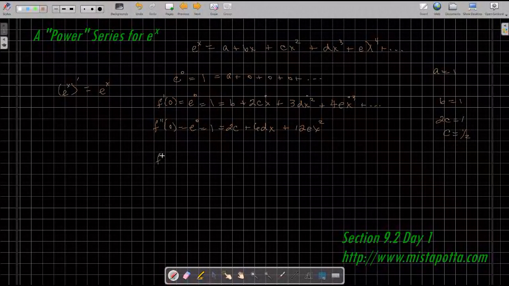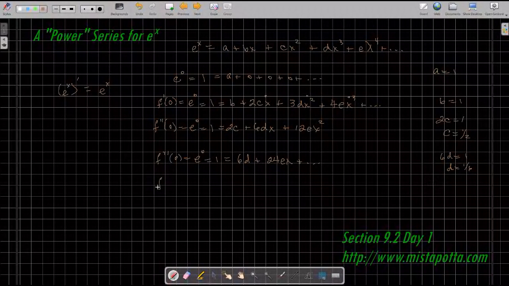And if I continue, the triple prime of 0 is still e to the 0, which is 1. But this ends up being 6d plus 24ex plus, and so forth. So if 6d equals 1, then d equals 1/6.